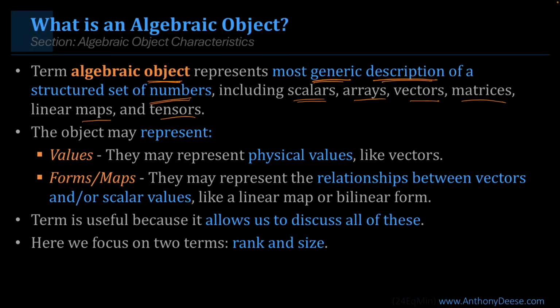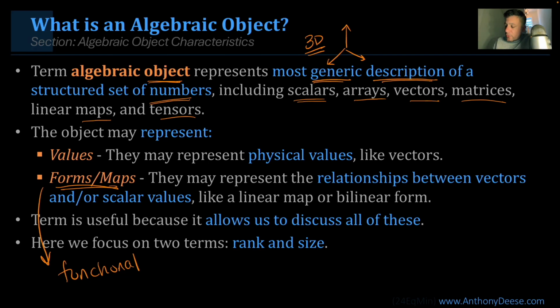We have values. So something like a vector can represent a physical value. We've already seen this, right? We know that a vector can represent a location in some, whatever dimensional space. And then we have forms and maps, which can be described as functional or relationship based in nature, right? They represent the relationships between vectors and or scalar values, with one example being a linear map or a bilinear form.